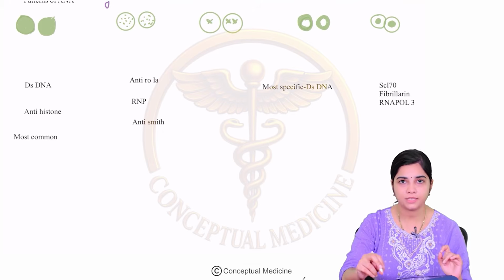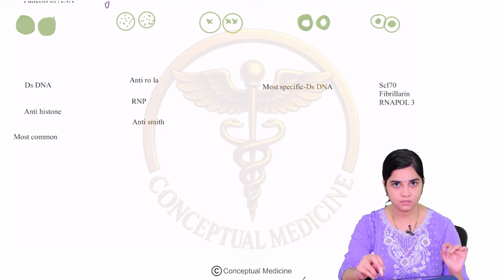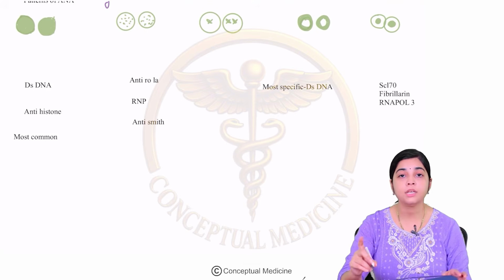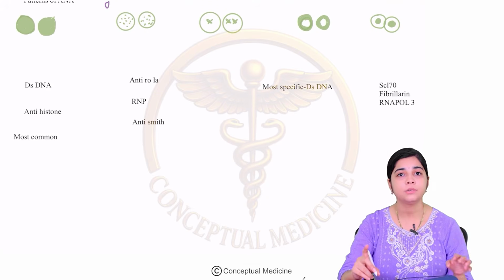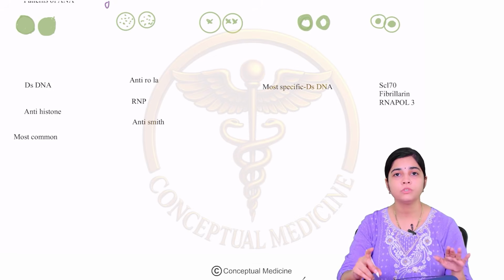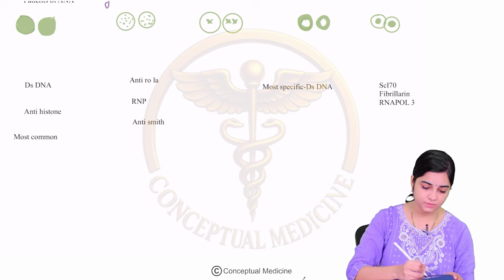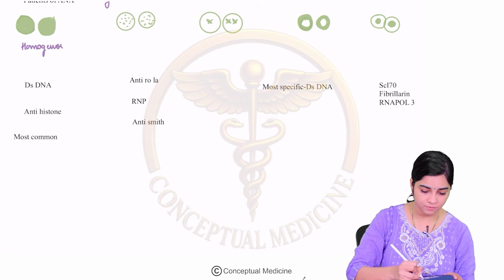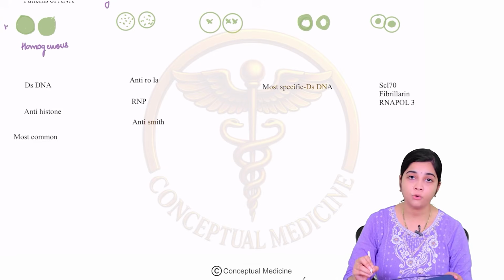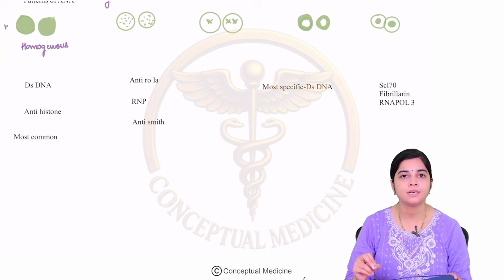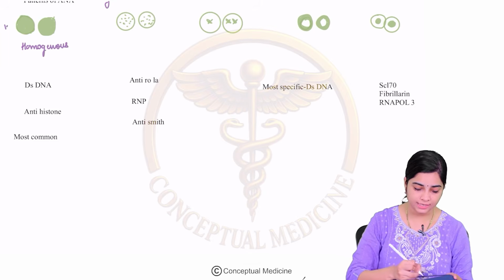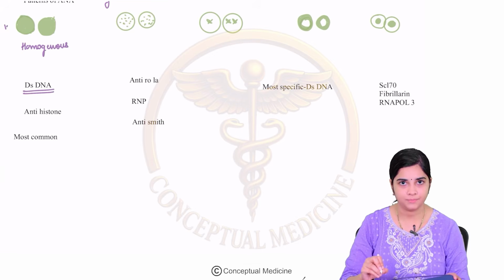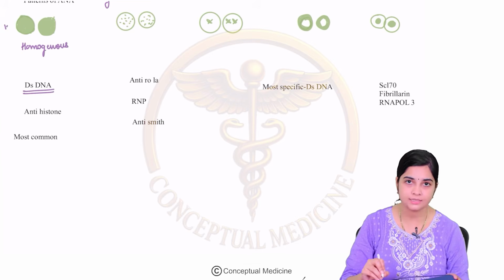The first pattern of staining under the fluorescence microscope, can you see that if each circle is a Hep2 cell line, you can see that there is a homogeneous staining, right? So this is called the homogeneous pattern of ANA. And this occurs due to the presence of what antibodies? The antibody is dsDNA.